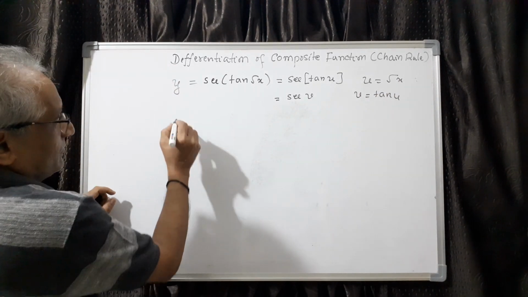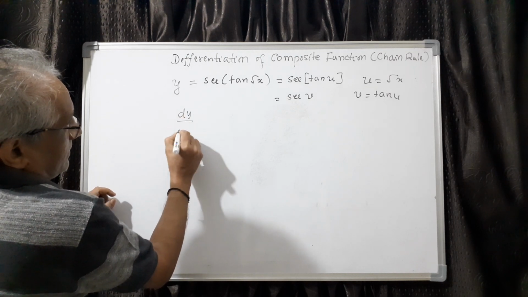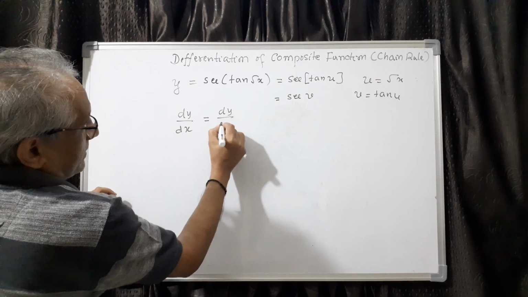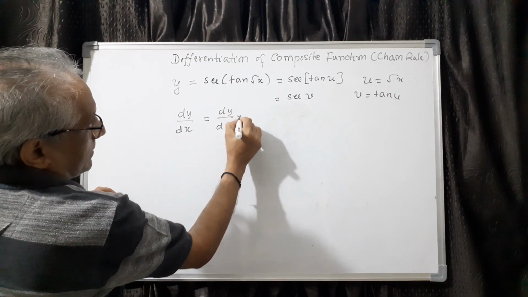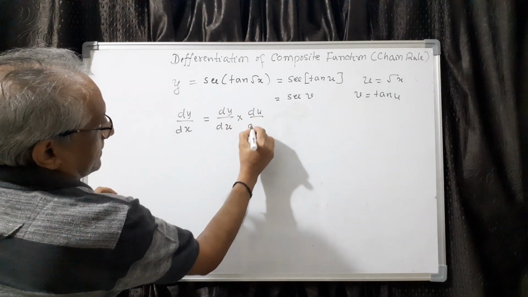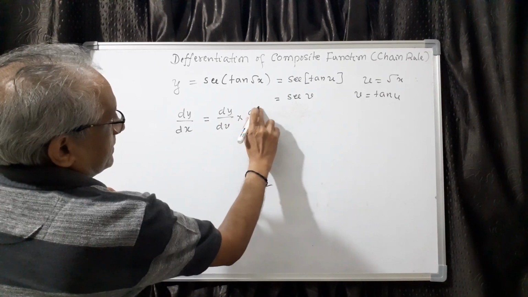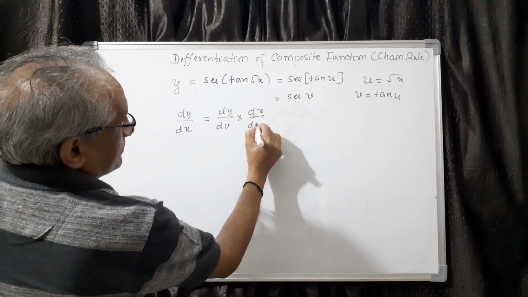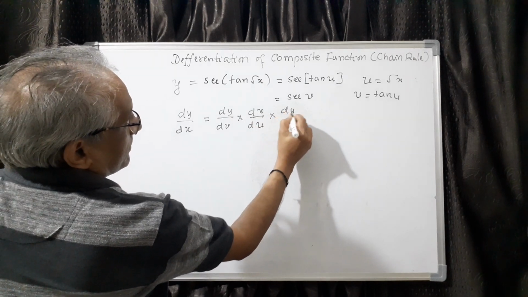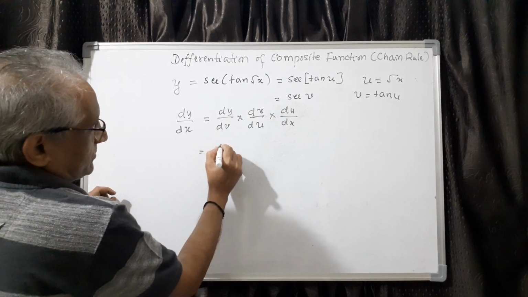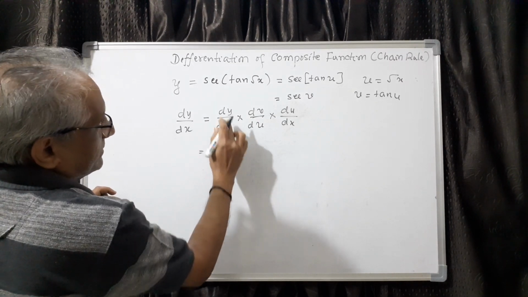So it is always u is function of x, v is function of u, y is function of v. So 3. Therefore, now chain rule is this: dy by dx equal to dy by dv, then dv by du into du by dx. So now you have to carefully substitute d by dv of what is y.